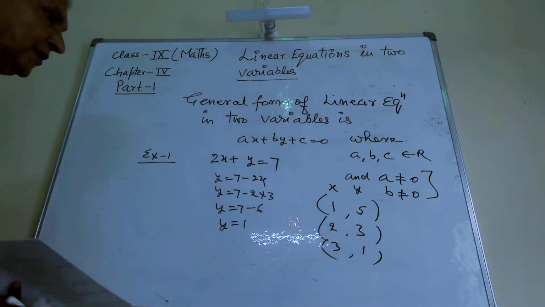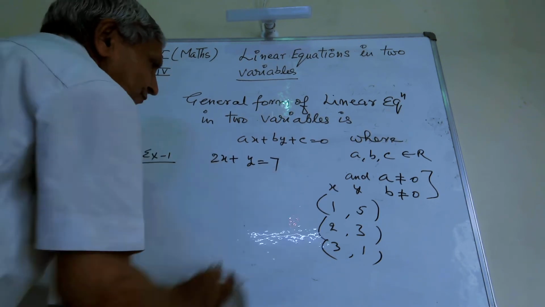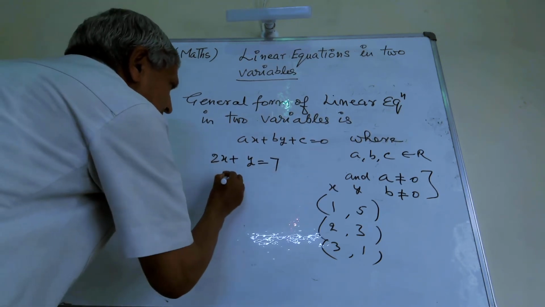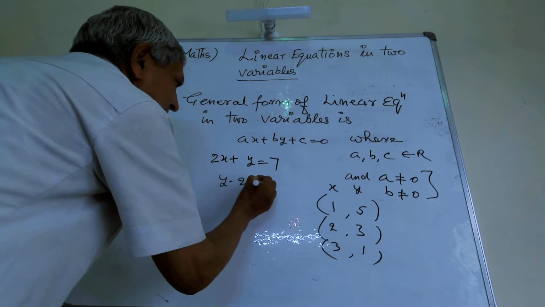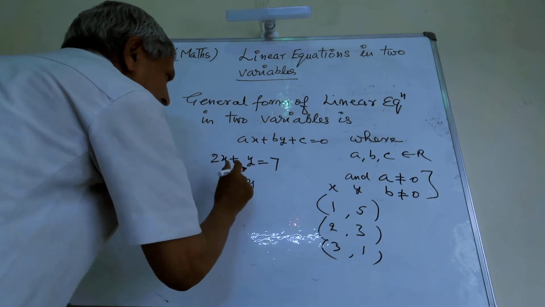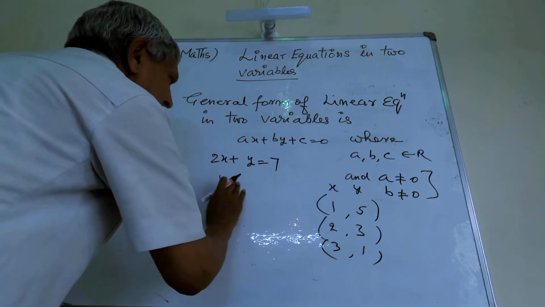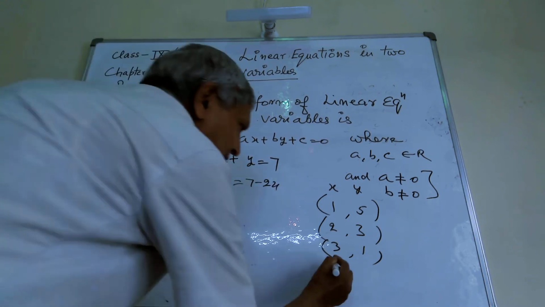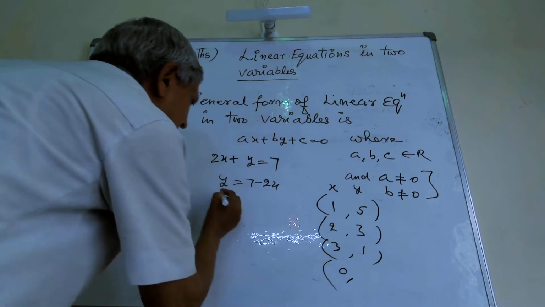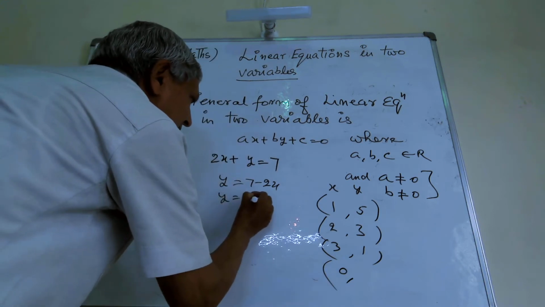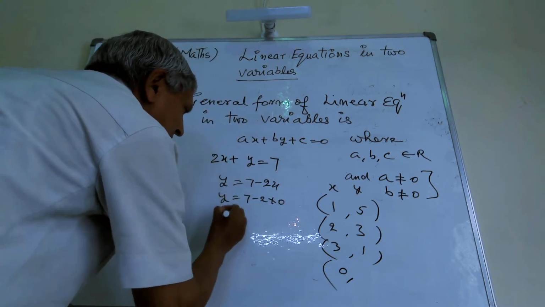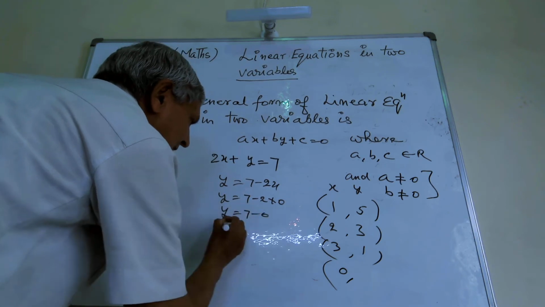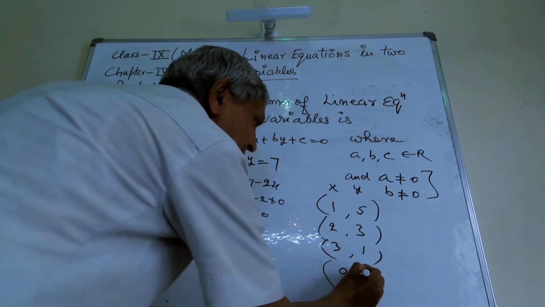In the same way, y is equal to 7 minus 2x, put the value of x is 0. y is equal to 7 minus 2 into 0, y is equal to 7 minus 0 and y is equal to 7.